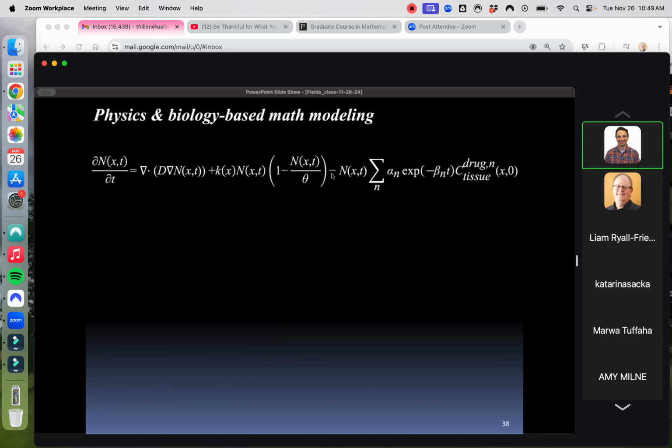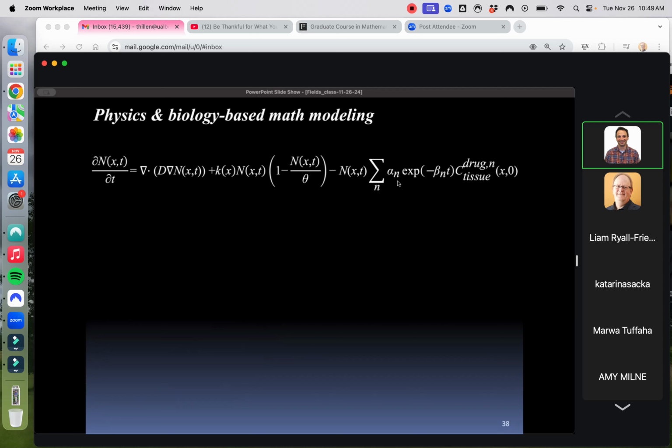So they're being removed, that's this negative right here, in a way that's proportional to the efficacy of the drug, called alpha sub n, and is the nth drug. What its initial concentration is, which we're going to get from our contrast-enhanced MRI data, and then its efficacy is waning due to some version of it being eliminated from the system. So these tumor cells are going to be stripped off based on the efficacy of the nth drug.